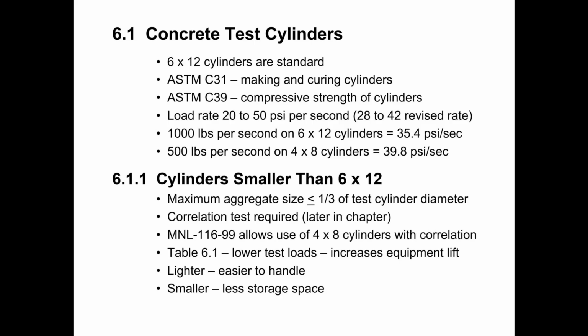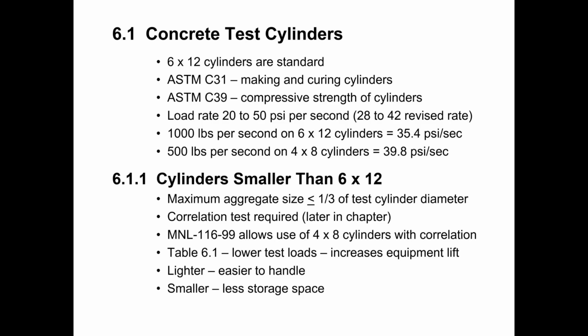So the primary way that we evaluate the strength of concrete is through concrete test cylinders. You've seen terminology in the book talking about how the 6x12 cylinder is the standard. I just want to clarify what we mean when we use that term standard. That term means the method that all other methods must be referenced to.